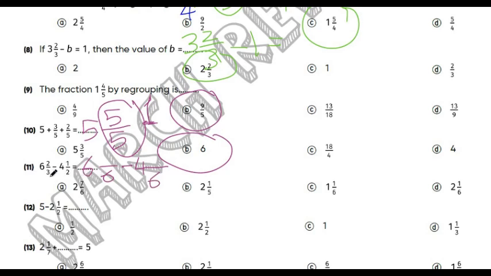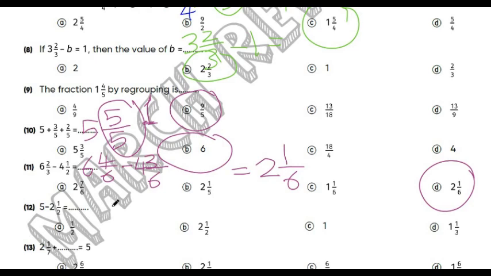So 3 to be 6 we multiplied it by 2, so we multiply up by 2 also, so it will be 4 over 6. Here 2 multiplied by 3 equals 6, so 1 multiplied by 3, and now we can solve 6 minus 4 equals 2 and 1 over 6, which is letter D.